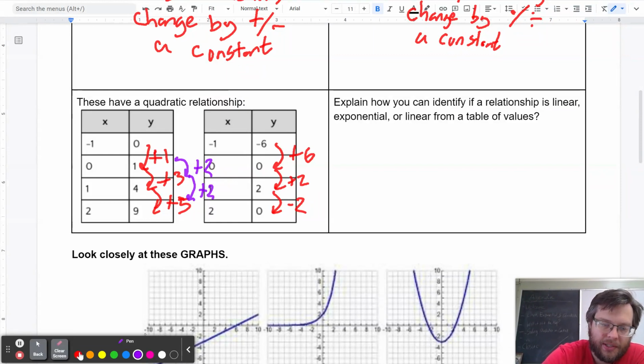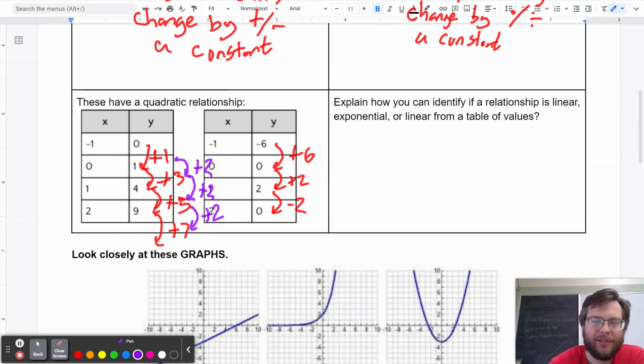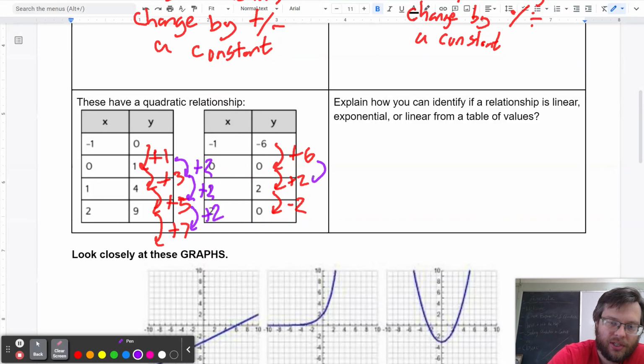I could predict that the next change is going to be plus 7 because that would continue this second change pattern of plus 2. Same sort of idea here. When I look at the change to get from plus 6 to plus 2, that went down by 4. When I look at the change from plus 2 to minus 2, that went down by 4. So I can predict that the next change would be minus 6, and the one after that would be minus 10.